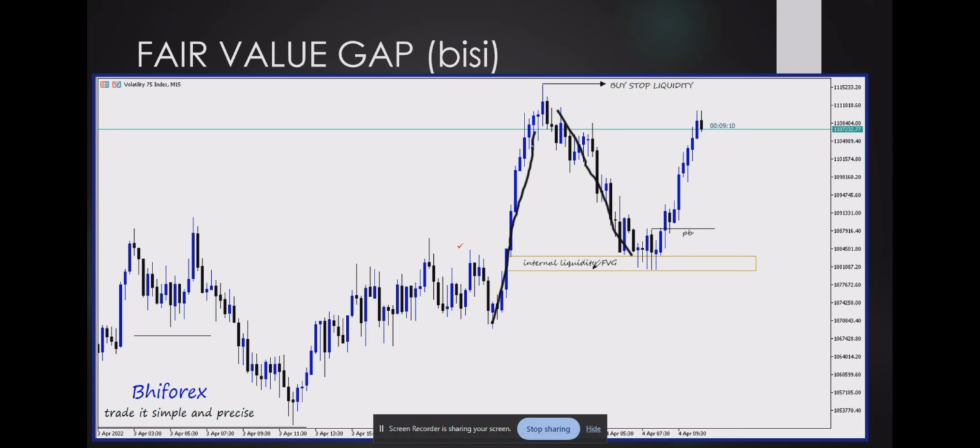Why is it a form of internal? Because it is a particular area where price would like to redeliver or to reaccumulate. And in reaccumulating new orders, buy orders or sell orders, actually both, it fills up that inefficient price that it already created in the past. So price came back as a retracement to this fair value gap.